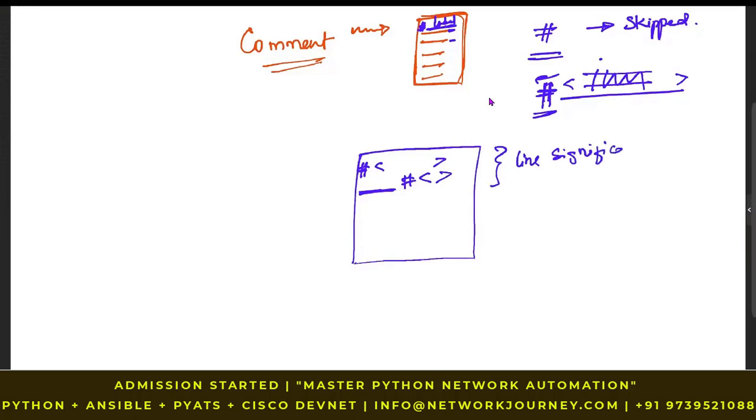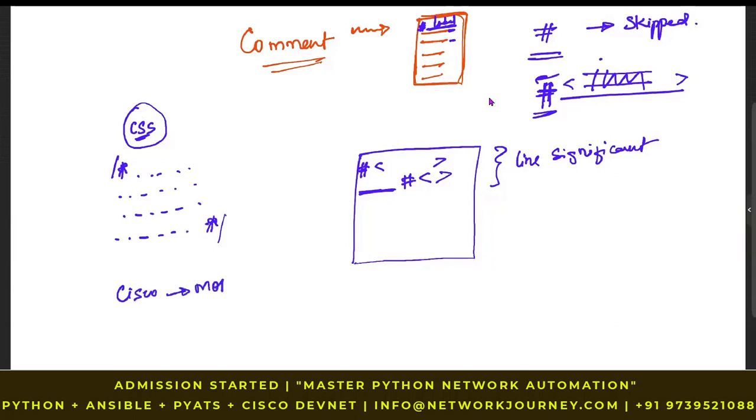Why I'm telling this is because if you know the Cascading Style Sheet, as we call it in web development, they have certain ways to make multi-line comments and then close it. Even in Cisco, when you make those MOTD banners or those auxiliary banners, you always give a delimiter, you put down your multiple lines, and then you disconnect by giving the same command or something.